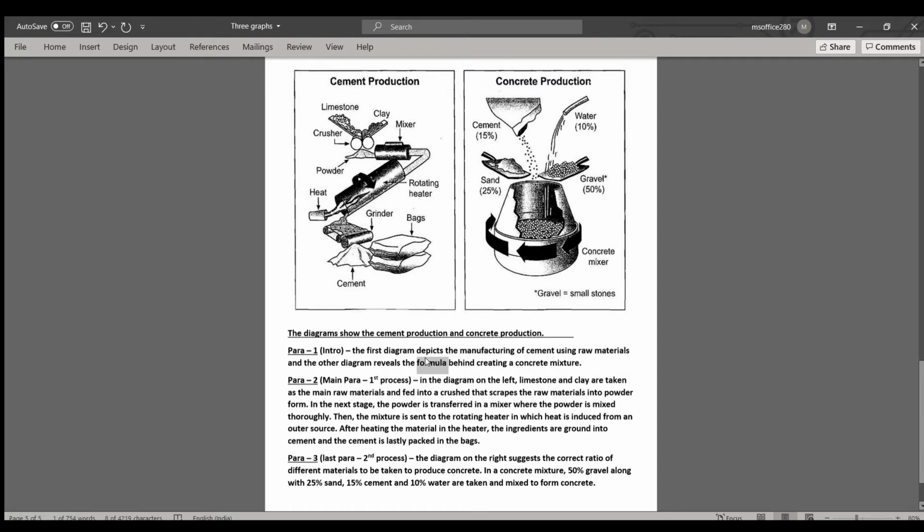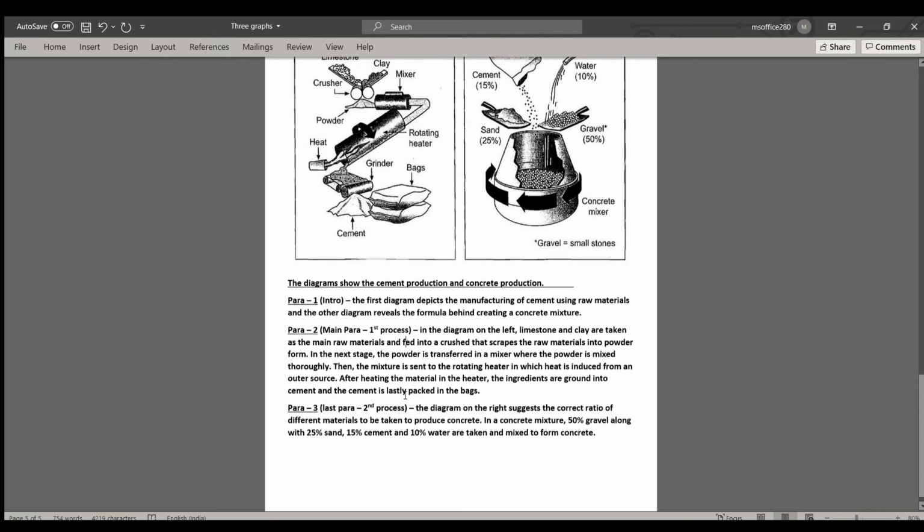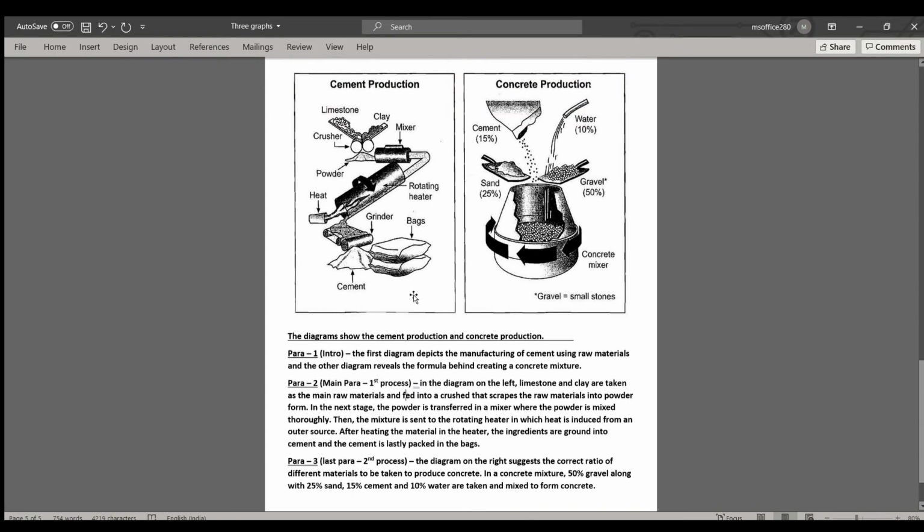Now coming to the second paragraph, in which we are going to explain the cement production thoroughly. In the first para we gave a heading to both diagrams, first about the cement production, then about the concrete production.